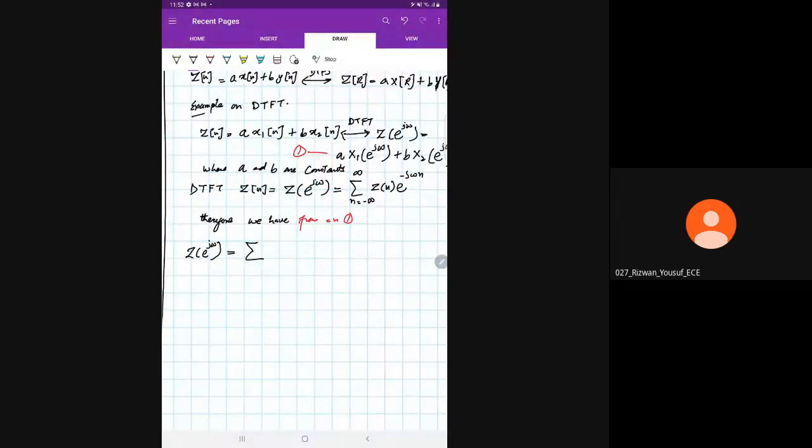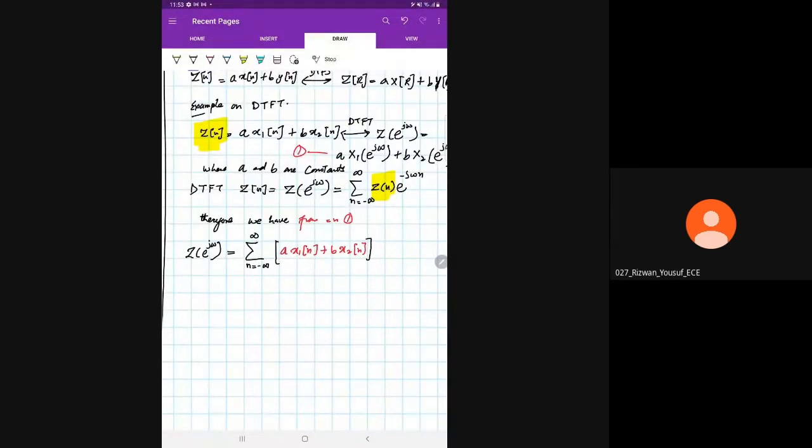from n equal to minus infinity to plus infinity. Then we have z of n here, and what is our z of n? a x1 of n plus b x2 of n.